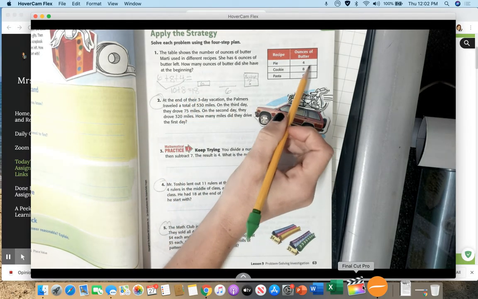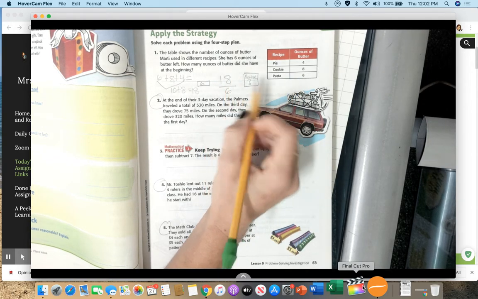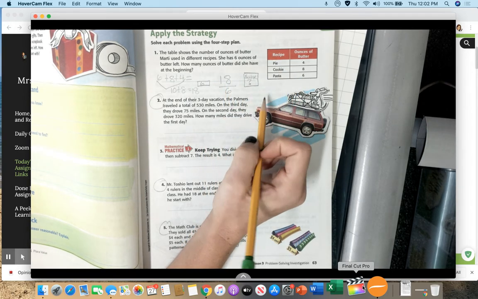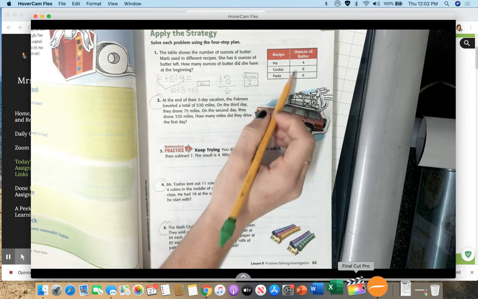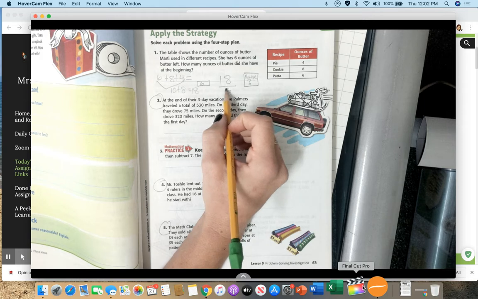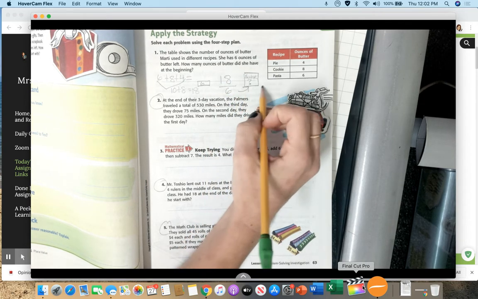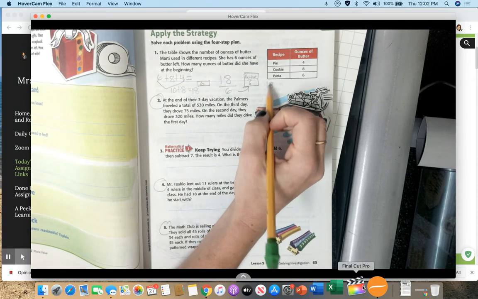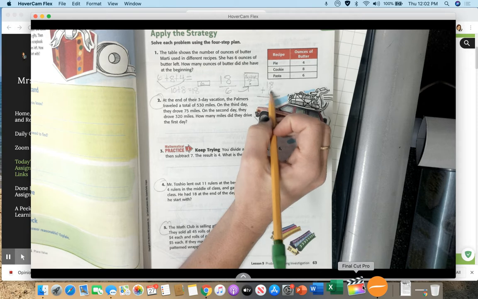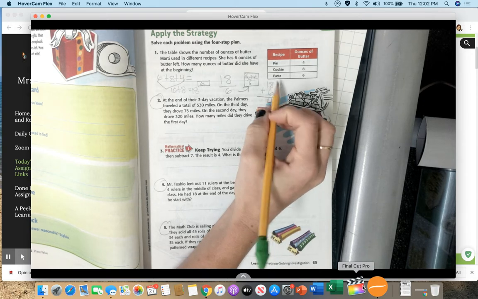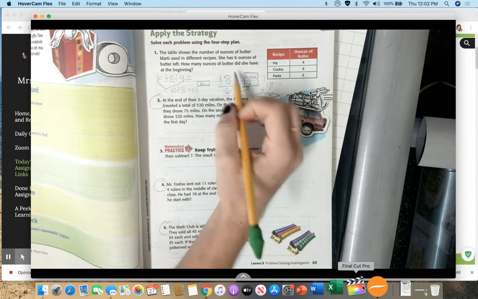So it cost me 18 ounces of butter to cook all of these things. I still had 6 after I made all of that. So let's combine what I had left and what I used, and that will tell me how much I had at the beginning. So we're going to combine the 18 used plus the 6 that I have left over. 8 plus 6 is 14, and 1 plus 1 is 2. So I started out with 24 ounces of butter.